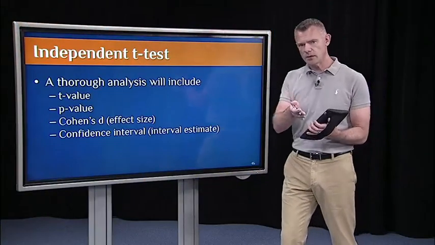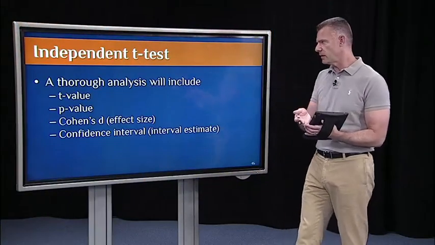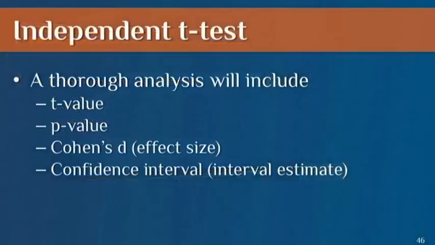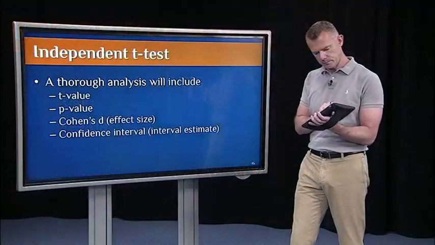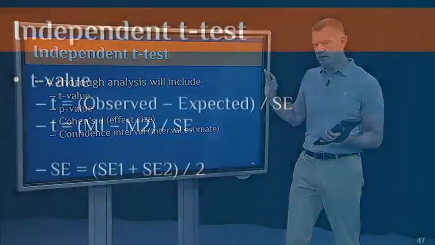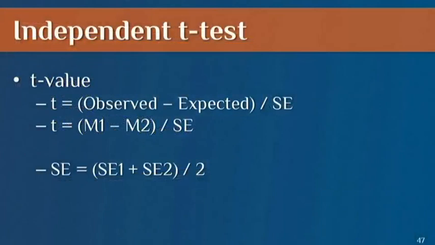And again, just like we did with the dependent t, we're going to do a thorough analysis. We're going to get a t-value, a p-value, Cohen's d for effect size, and we'll get interval estimates. So again, the t-value is just an observed value minus an expected over standard error. The expected difference between the two groups under the null hypothesis is 0. So again, that falls out of the equation.